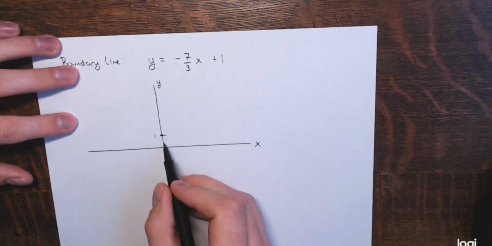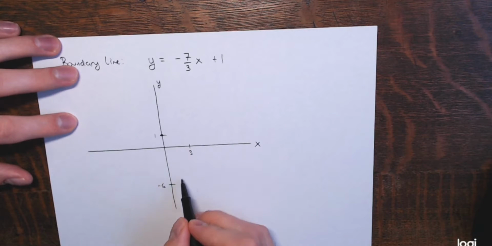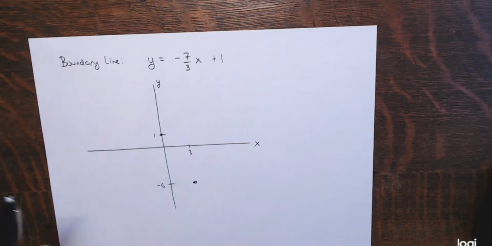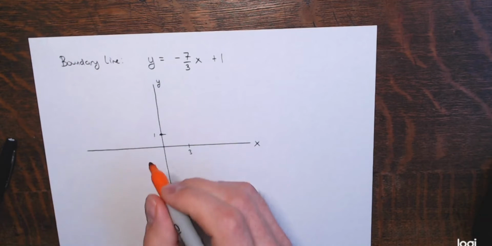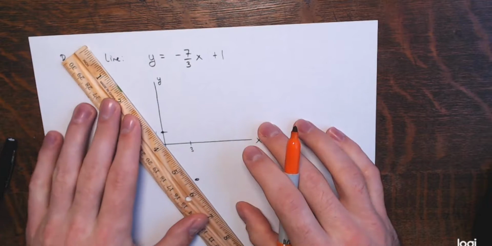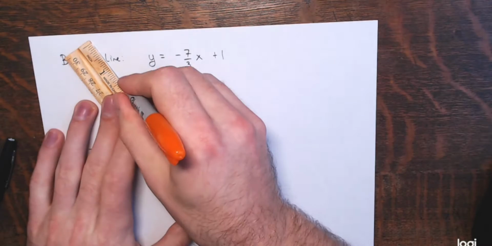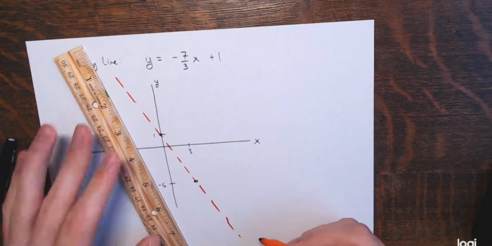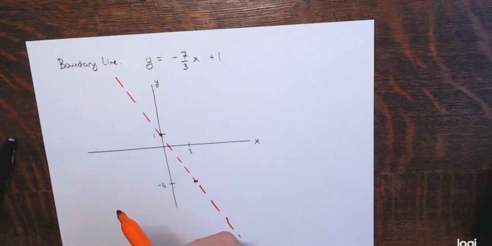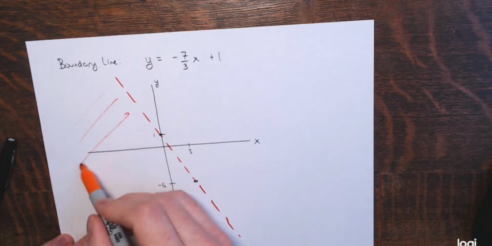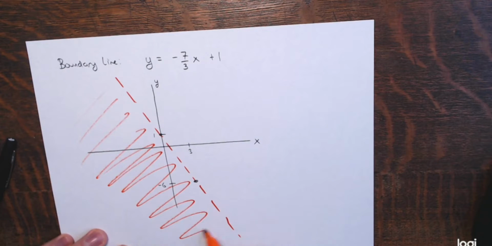Down 7, right 3. It would have the point 3, negative 6 on it. And they have drawn a dashed line. Right? It is a dotted line. Like that. That's the boundary line. And all the solutions are below it.